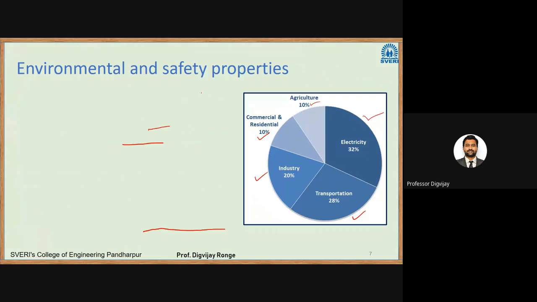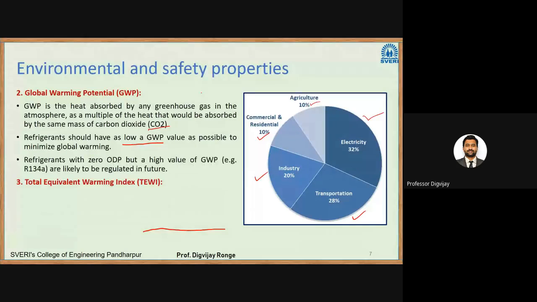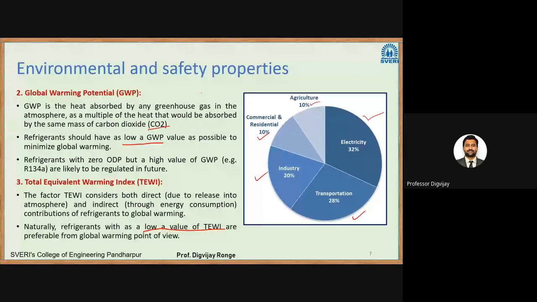Okay. Write about the global warming potential and total equivalent warming index. So just write some short notes so that while revising or while you do your detailed study, you don't have to study again. Okay, so you can refer to these short notes and then you can get the idea.